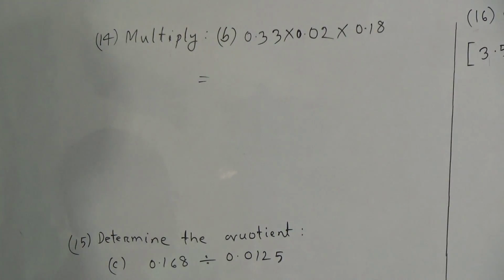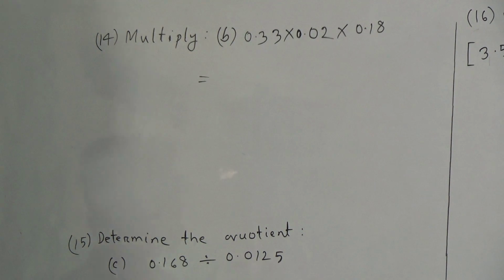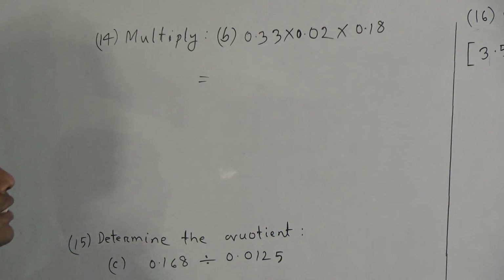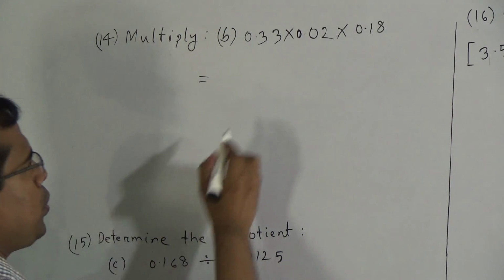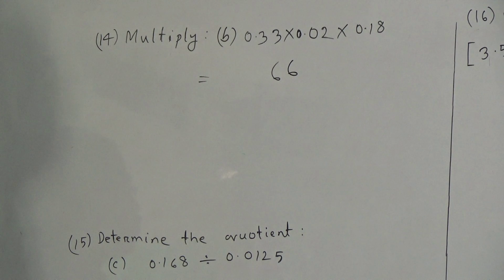At first we will multiply 33 with 2 without considering the decimal point. You know that 33 twos are 66. That means if we multiply 33 by 2, then it will be 66. Now we have to put the decimal point.